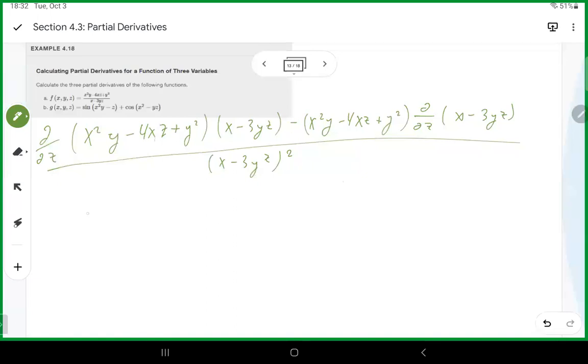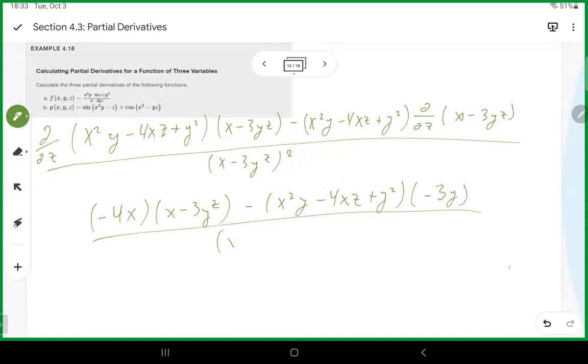We end up with minus 4x 3yz. Oops. Three squared y squared negative.